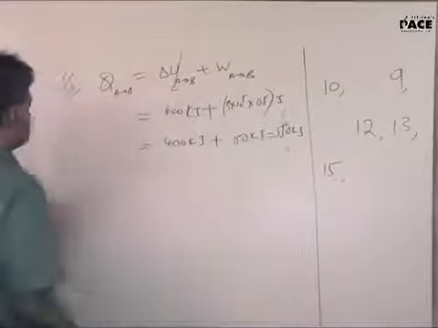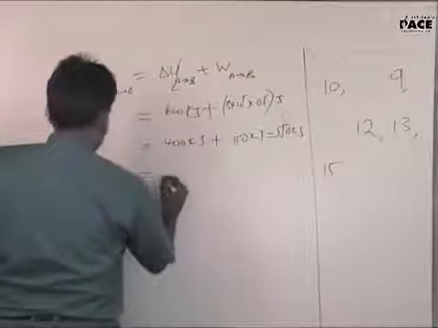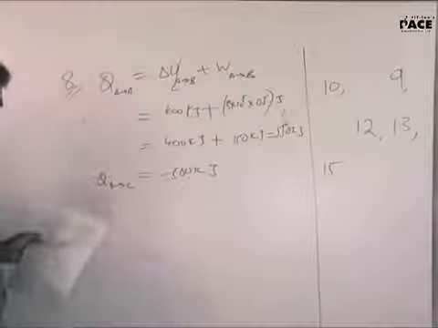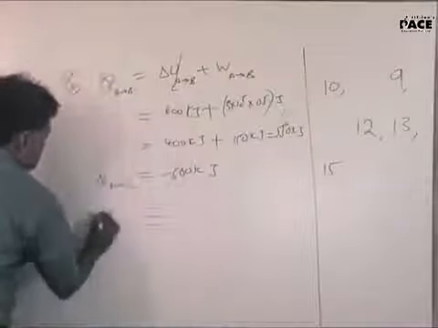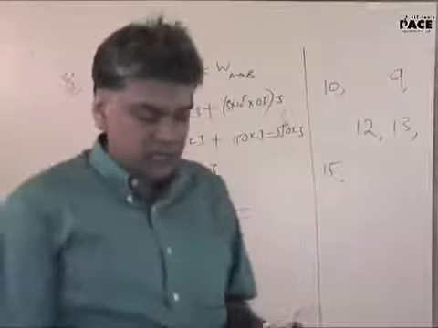And also QBC is given. It equals minus 500 kilojoule. Now you see the QCA, see sigma Q cycle will be equal to sigma W cycle. What is the work done by the cycle? Work done by the cycle is the area under the graph. What is the area under the graph?